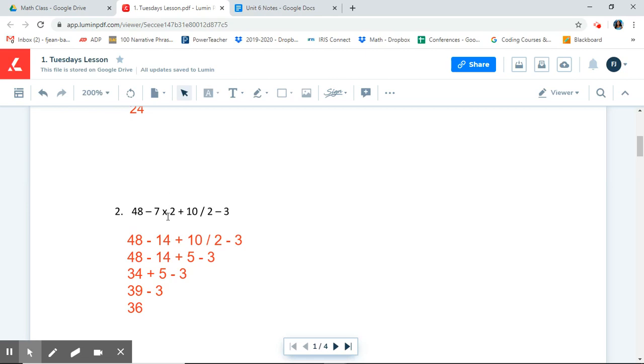And multiplication here comes first. 7 times 2 is 14. Then we rewrite our expression: 48 minus 14 plus 10 divided by 2 minus 3. What step are we going to tackle next?